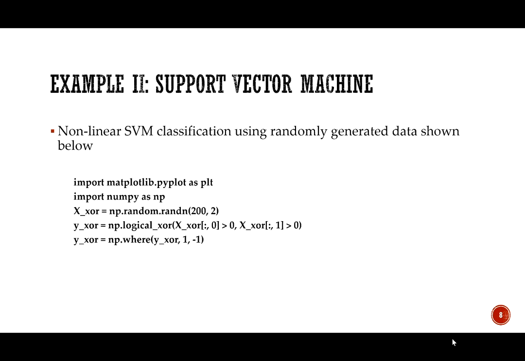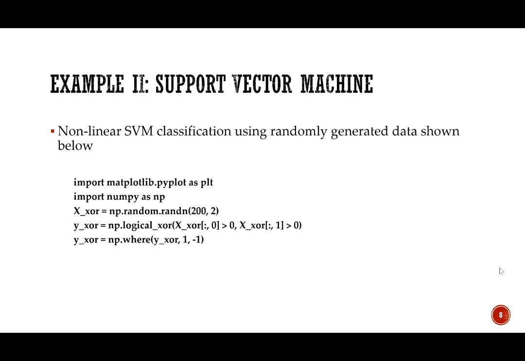So this is our x variable, or X_xor. Now to generate the target values, here we are using logical_xor. It applies the logical XOR to the elements of x and y. So we apply this method to the first and second column of X_xor. It returns Boolean values, so it will be true and false.